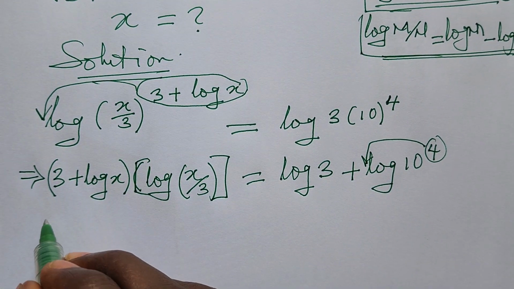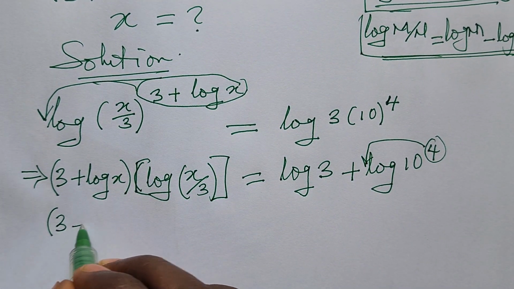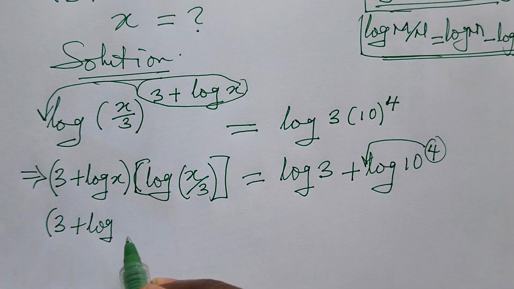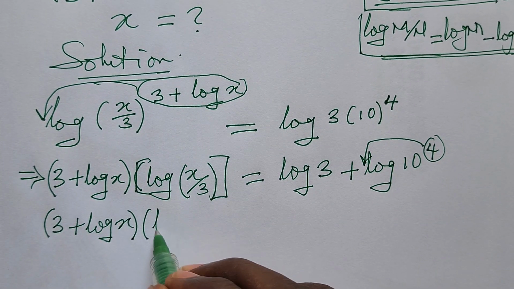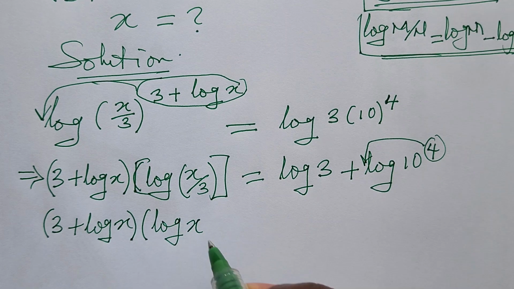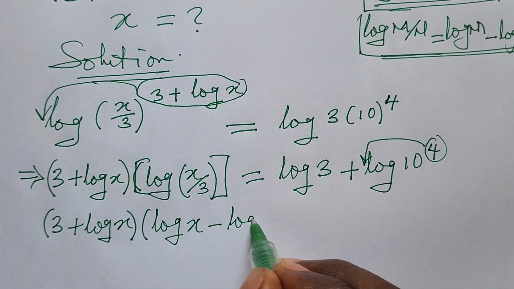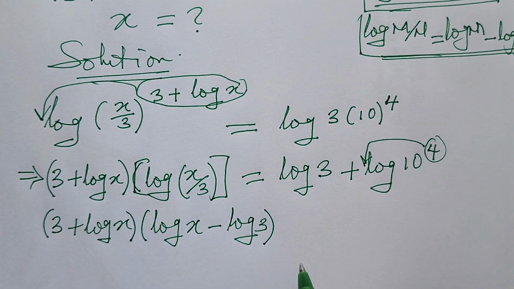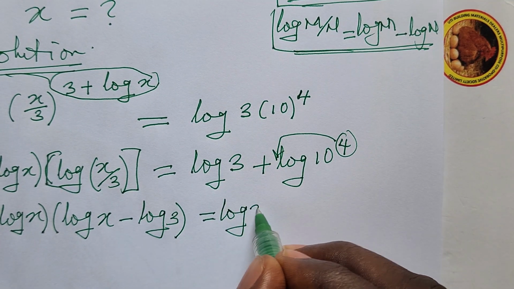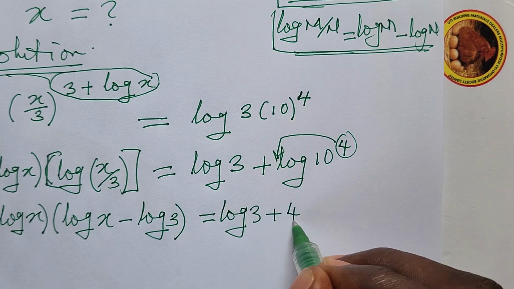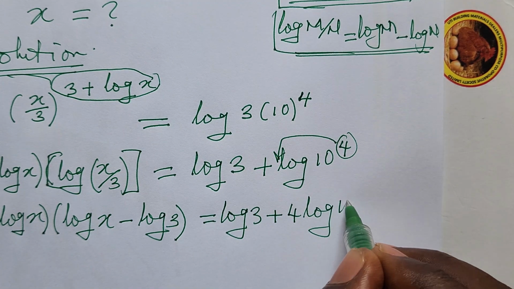So this is going to give us (3 + log x) times (log x minus log 3), everything now equal to log 3 plus 4 log 10.